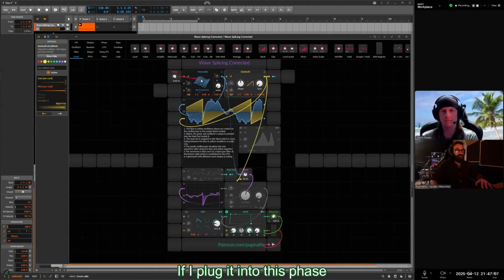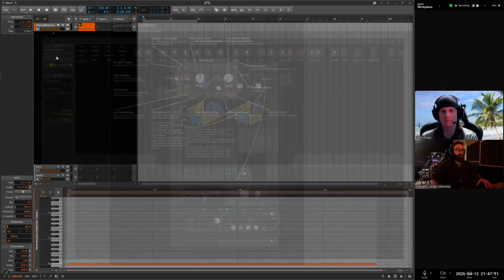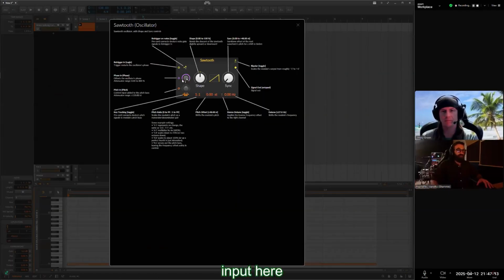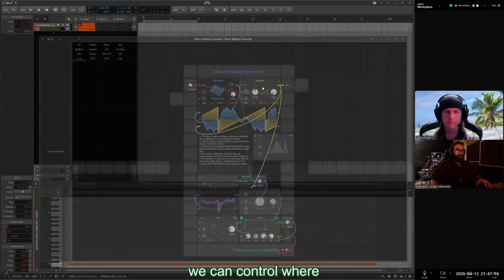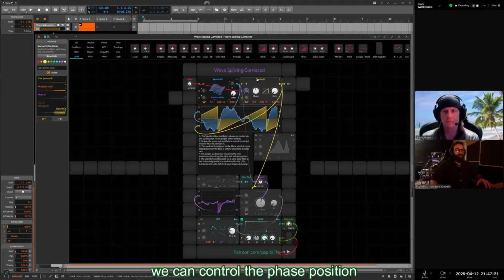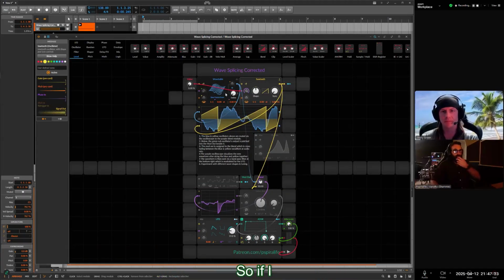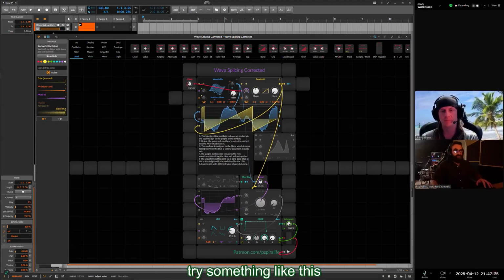If I plug it into this phase input here, we can control the phase position. Yeah, so if I try something like this.